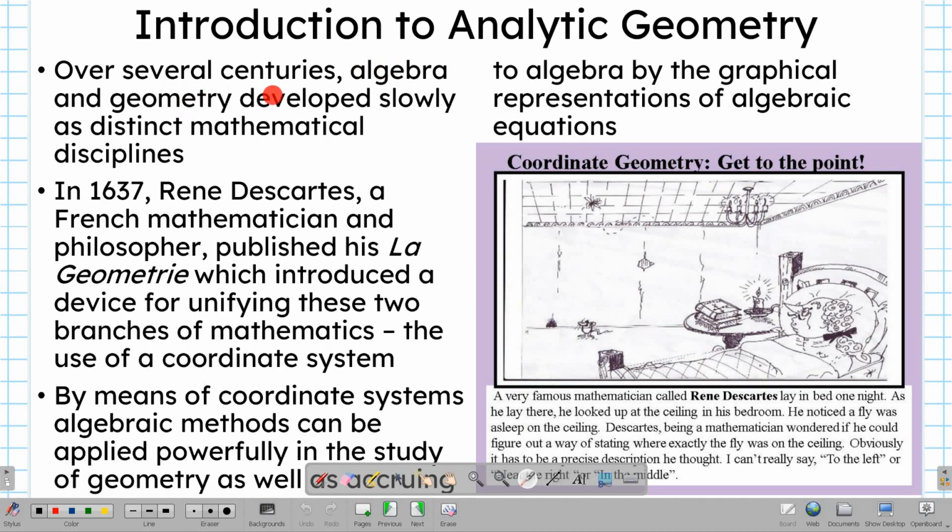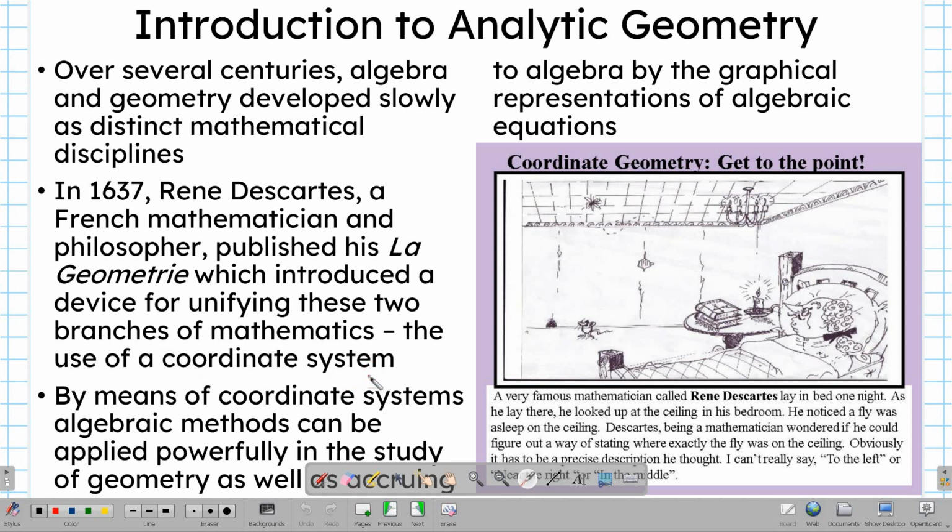Now, to start combining together algebra and geometry, we have to start with this. Algebra and geometry develop slowly as distinct mathematical disciplines. Magkahiwalay. In 1637, however, René Descartes, a French mathematician and philosopher, published his La Géométrie, which introduced a device for unifying these two branches of mathematics, the use of a coordinate system.